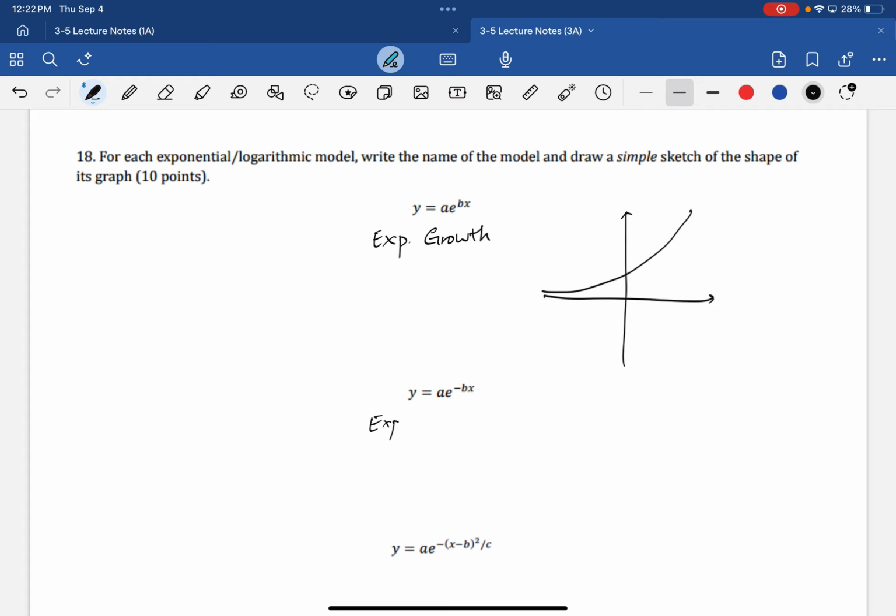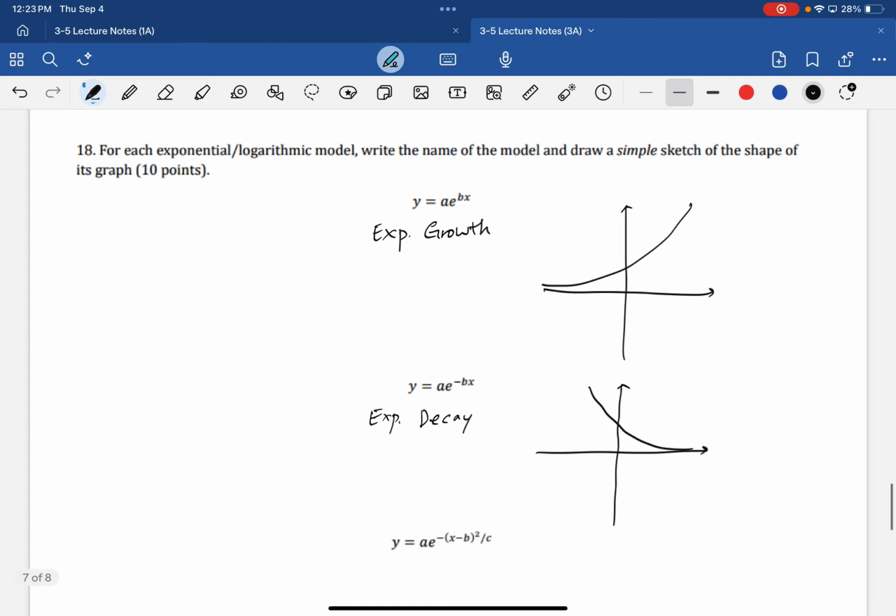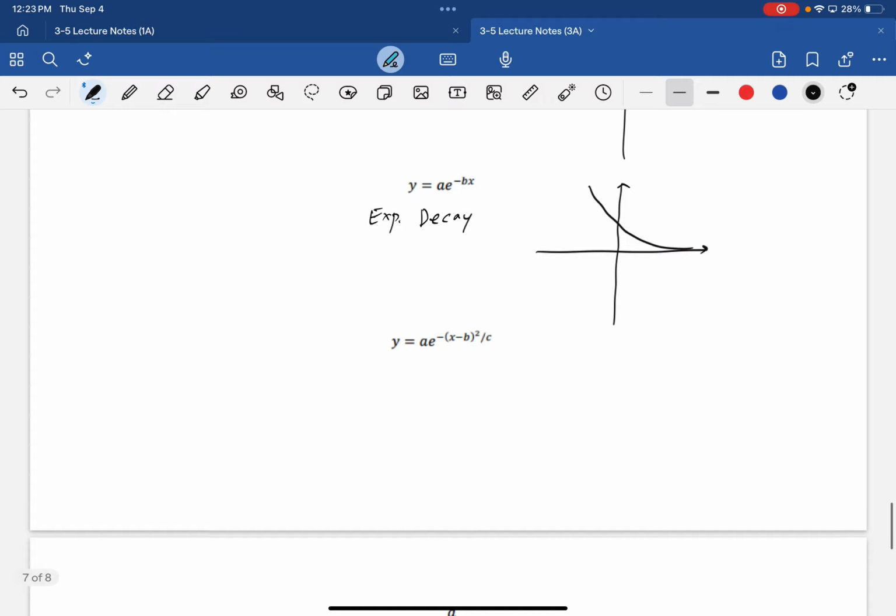This is exponential decay. Okay, guys, I'm giving you test answers here. Exponential decay. Those are easy. What is this? Gaussian. Very good.